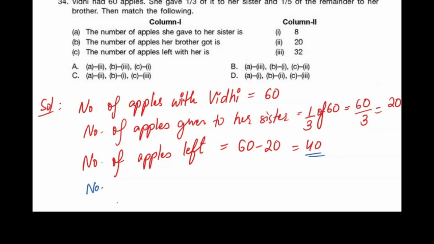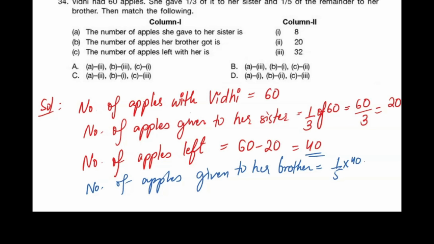Number of apples given to her brother is 1/5 of 40. That means 40 divided by 5 is 8.